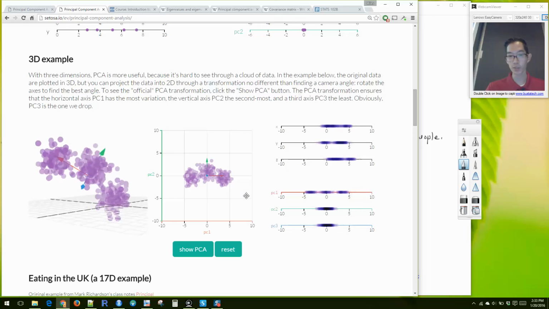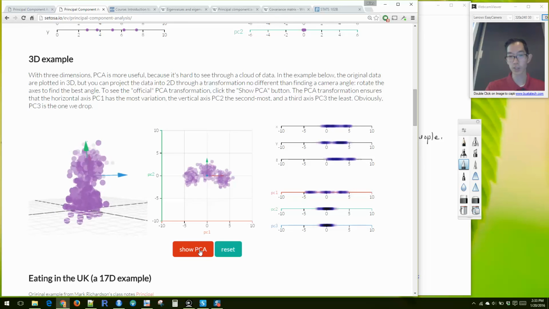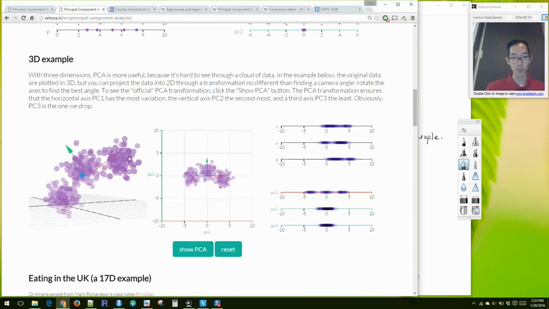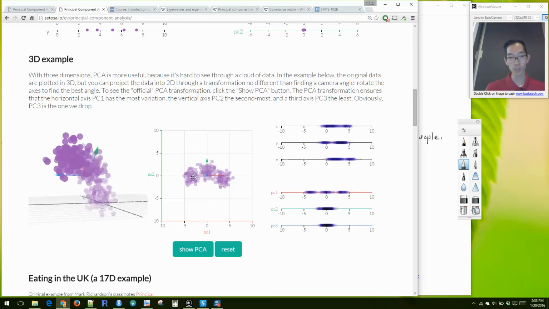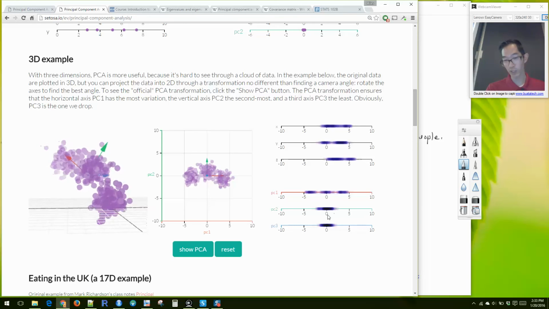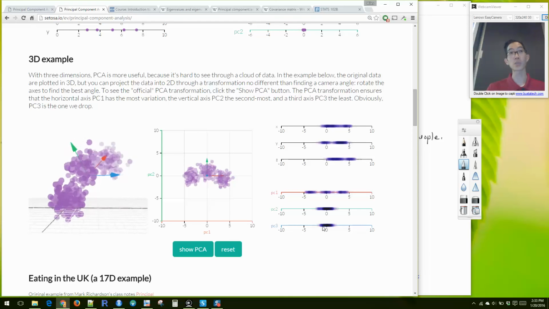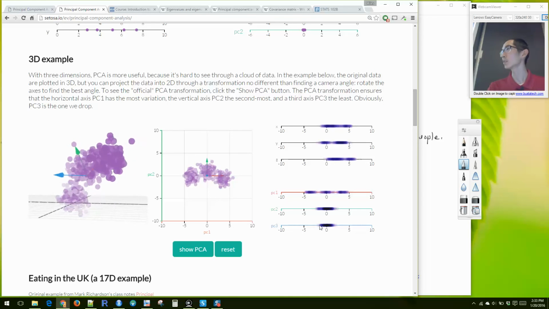If we have the computer figure it out, it gives the principal components we want to use: red in this direction, then green, which has a little less variation, and the last principal component displays the least amount of variation.